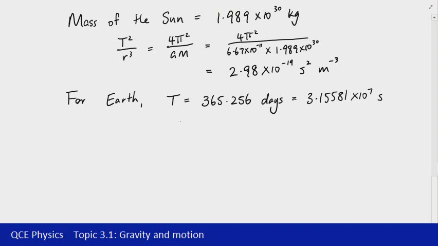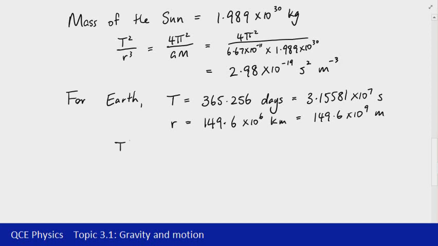And the average radius of Earth's distance from the Sun is 149.6 by 10 to the 6 kilometers, or 149.6 million kilometers. If we convert that to SI units, that's 149.6 by 10 to the 9. So kilo being 10 to the 3, 10 to the 6 by 10 to the 3 gives us 10 to the 9 meters.